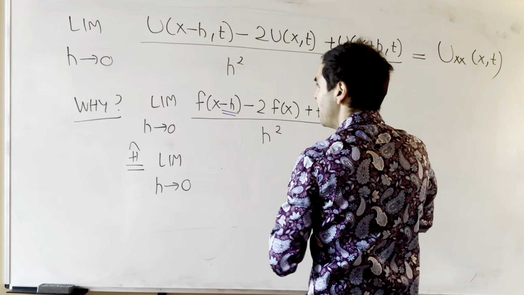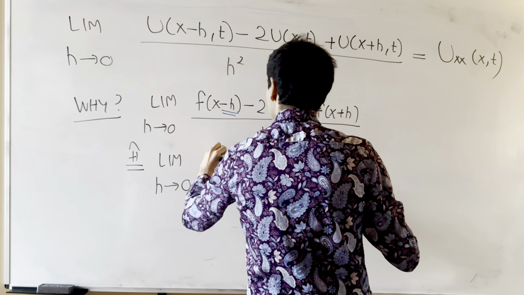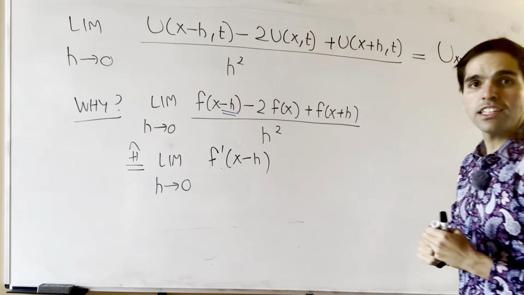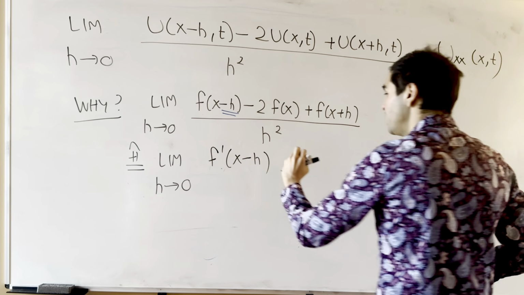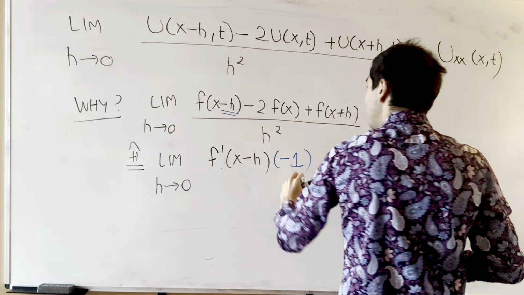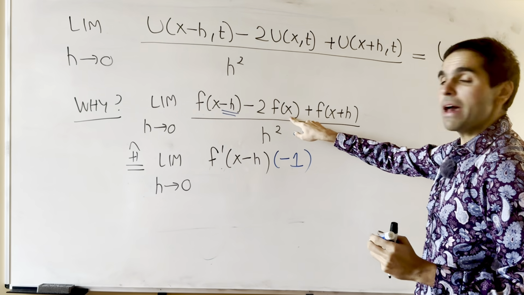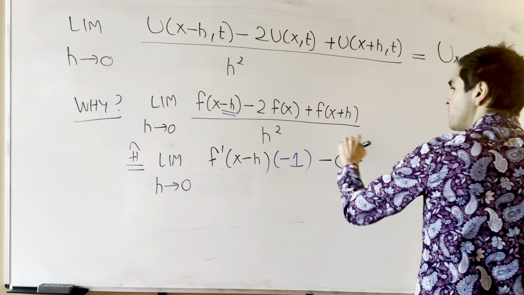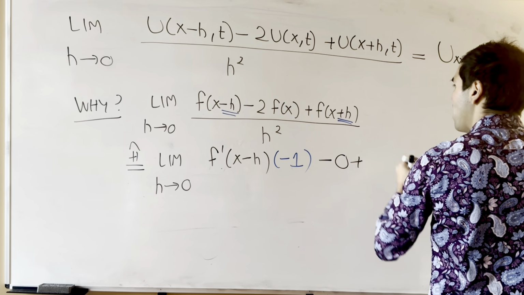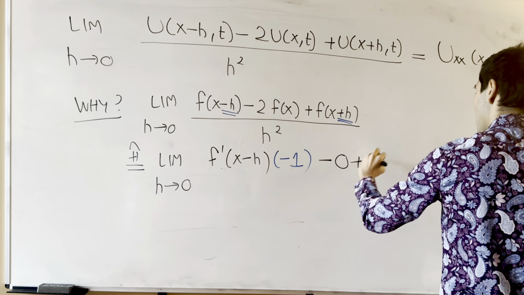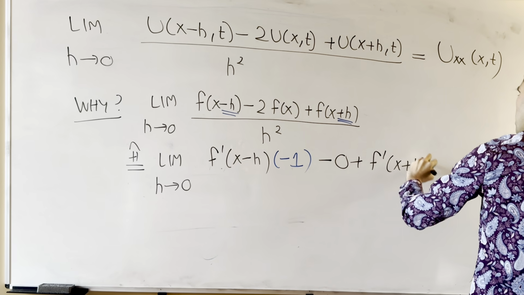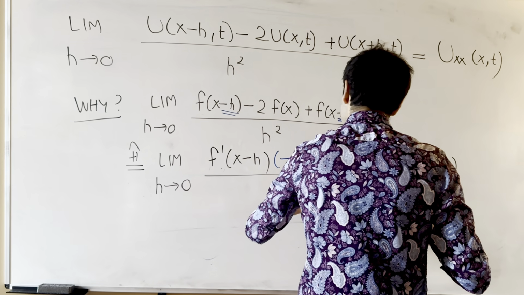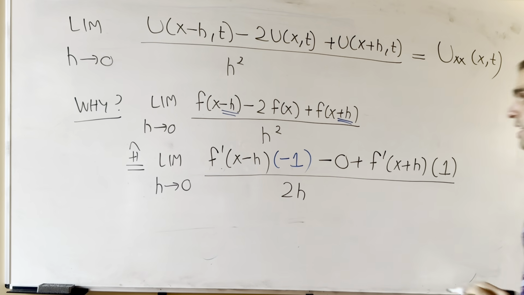What you end up getting is f prime of x minus h times the derivative of x minus h with respect to h, which is minus 1. This doesn't depend on h, so it becomes 0. And then same spiel here, we get f prime of x plus h times 1, and this over 2h. And then you just repeat it once more.